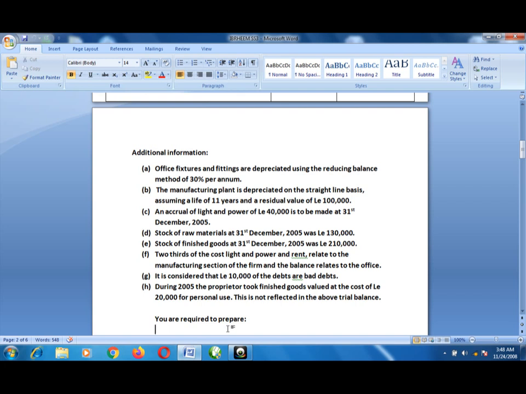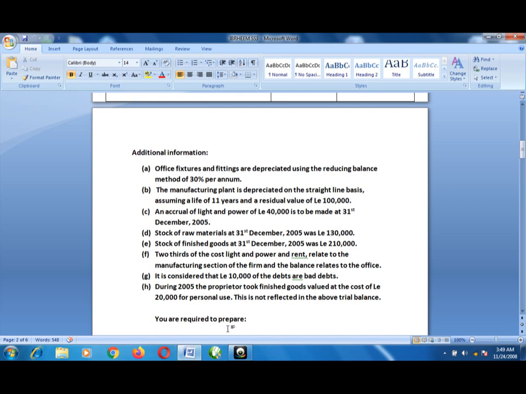Stock of raw materials, that's closing stock, 130,000, finished goods 210,000. Two-thirds of the cost of light and power and rent, remember, two items joined together, relate to the manufacturing section of the firm, and the balance relates to the office.